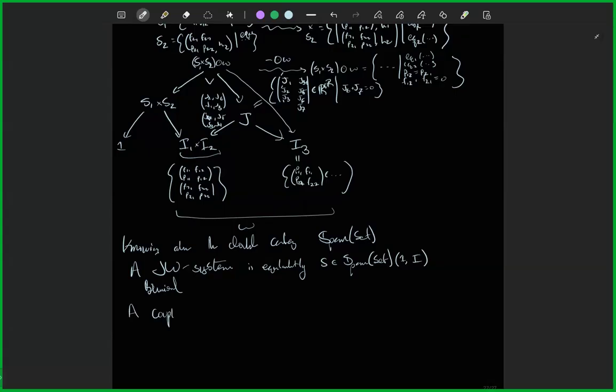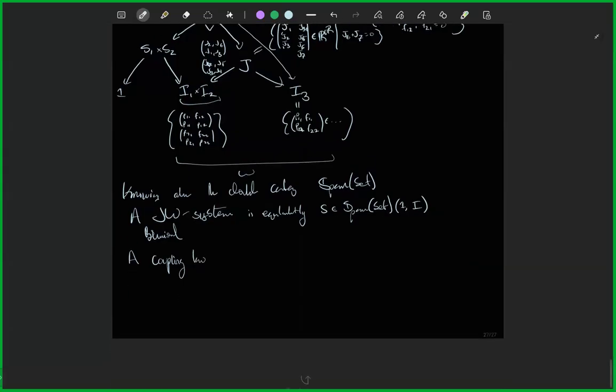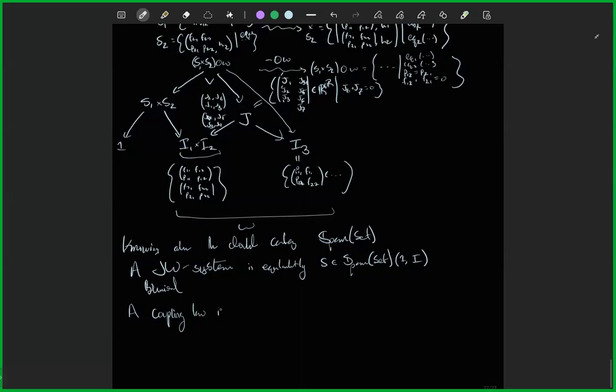Right? And a coupling law, at its most general, is a span, well, W in span set, I1 times dot dot dot times IN into I prime, let's say.